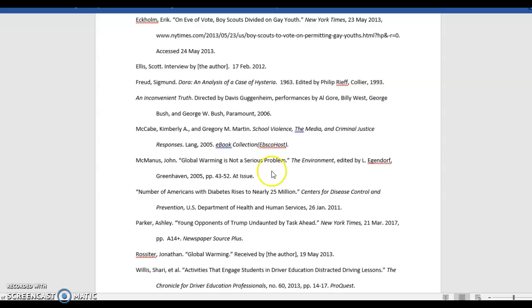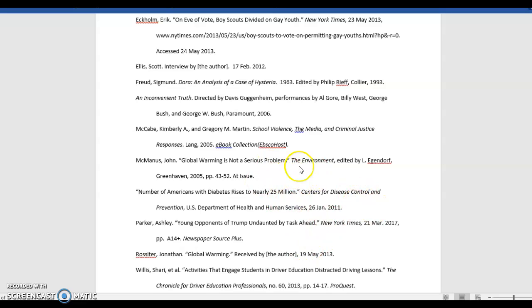The next example is a work that appears in an anthology. An anthology is a book which is a collection of articles and essays, etc. Monsters is a great example of an anthology, our textbook for the class. So here's another one. Last name, first name last, period. Title of the article, Global Warming Is Not a Serious Problem, period. The Environment.